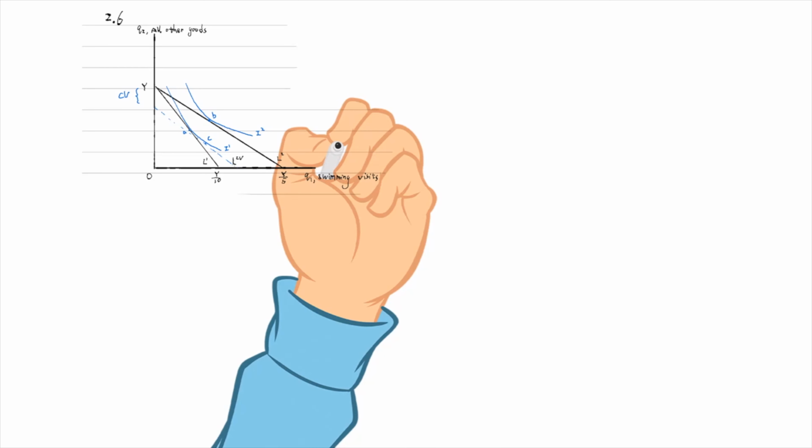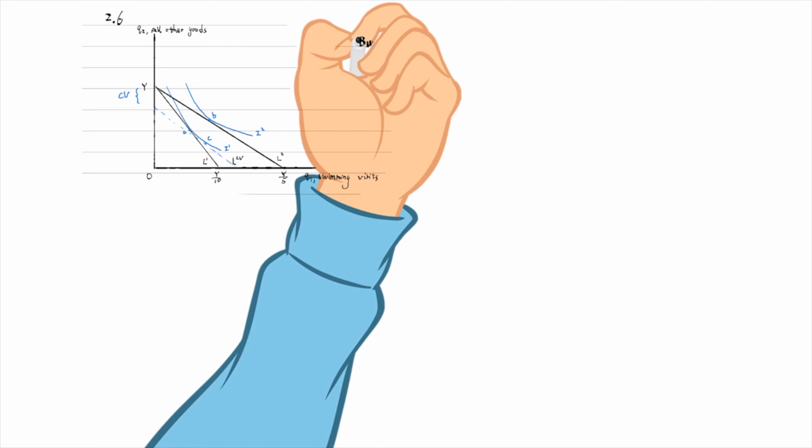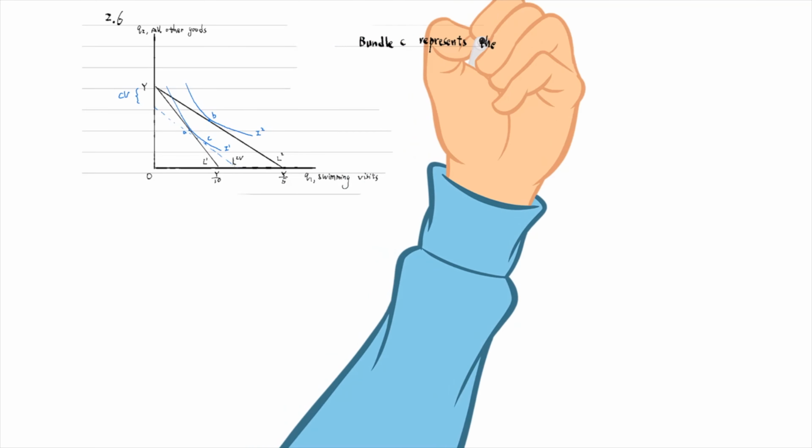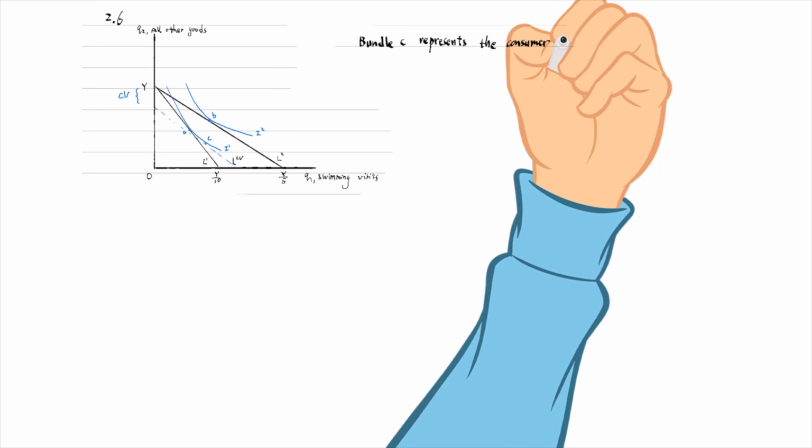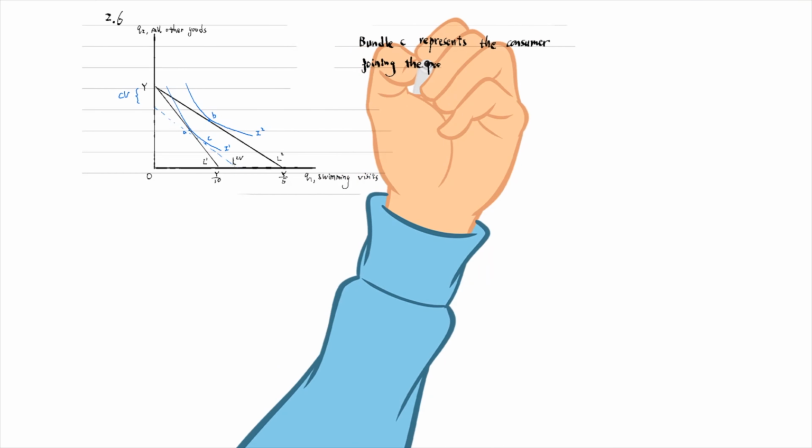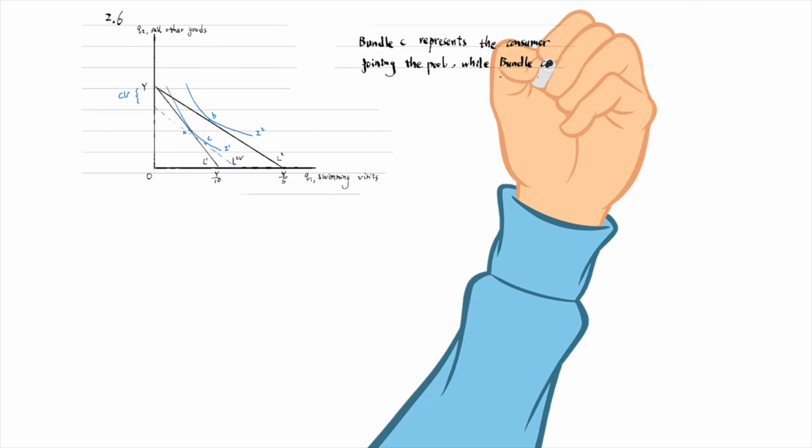LCV is parallel to L2 and tangent to her original indifference curve I1. The tangency determines her optimal consumption bundle C. Bundle C represents the consumer joining the pool, while bundle A represents the consumer not joining the pool.